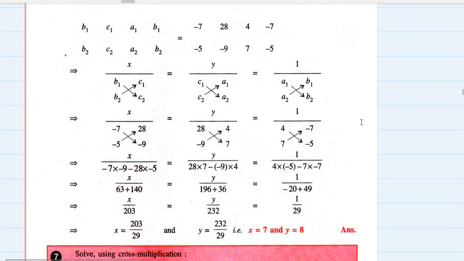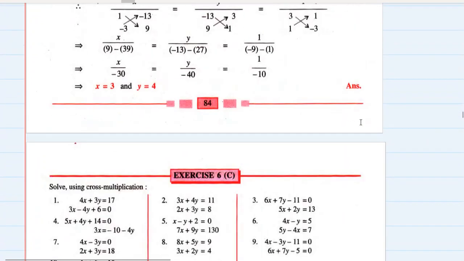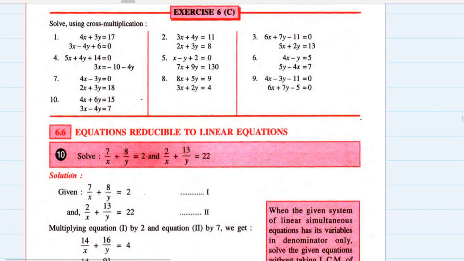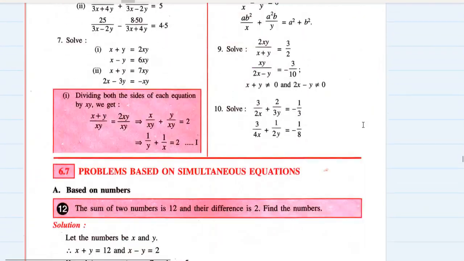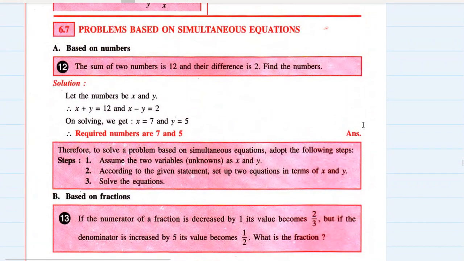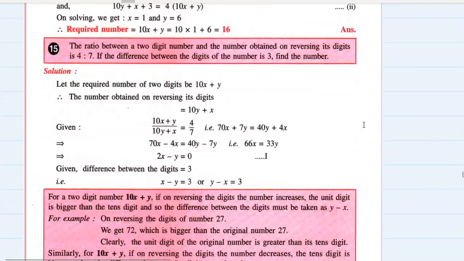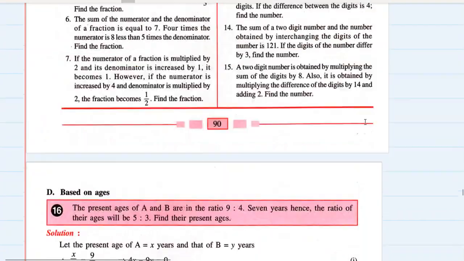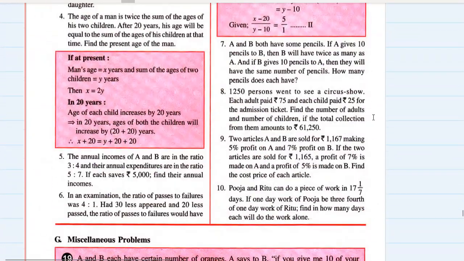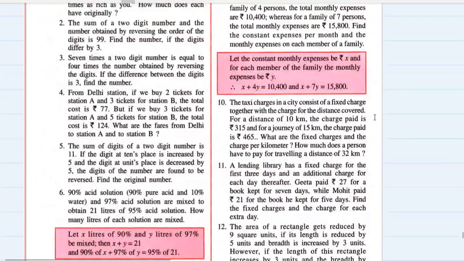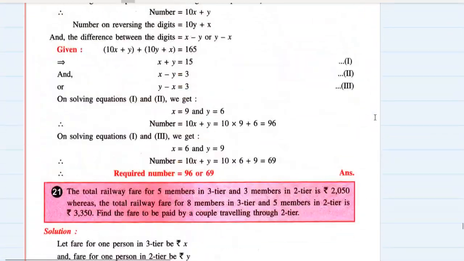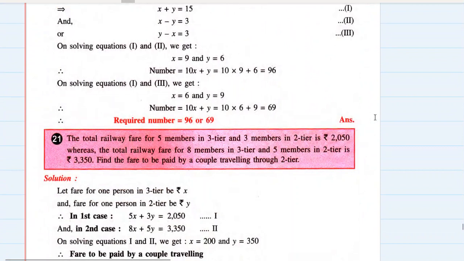Method of cross multiplication I will be discussing in the second video. After cross multiplication, there are some equations which are reducible in the form of linear equations. For that, I'm going to make the third video. And then there are word problems based on simultaneous linear equations. I can see 7 parts of this chapter, and there are total 21 solved examples.